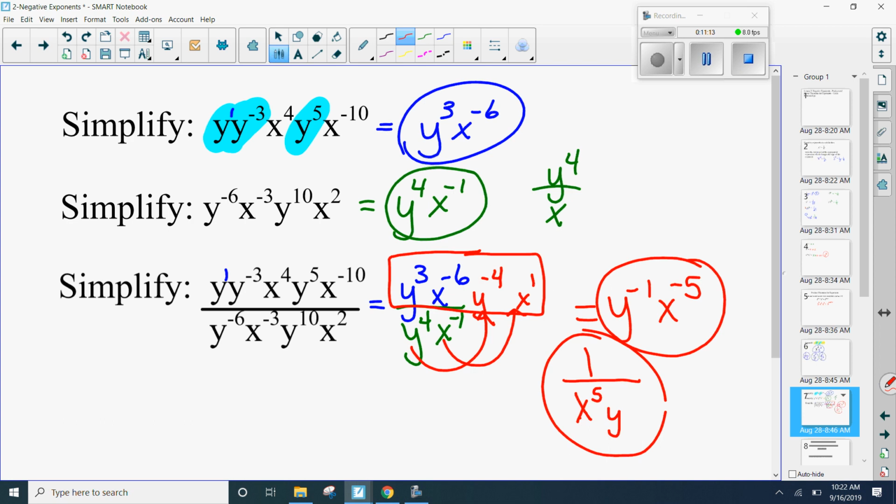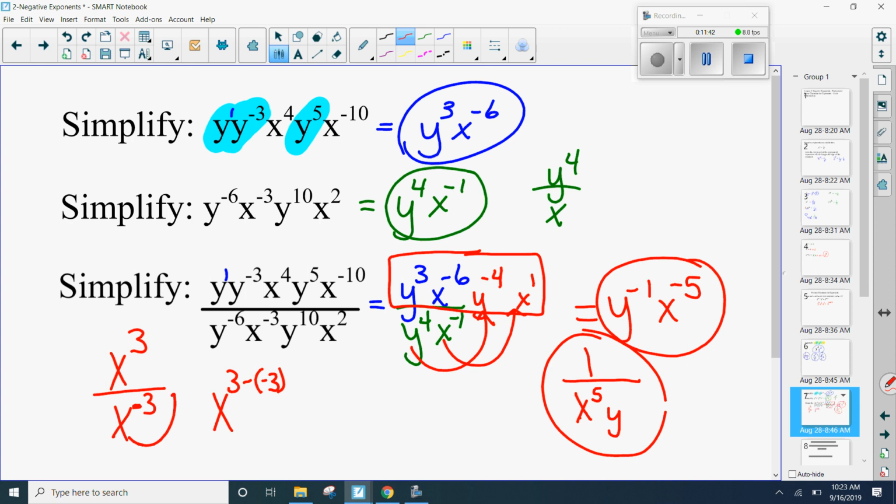Because the problem they run into is if sometimes you have x to the 3rd over x to the negative 3rd, is that x to the 0? No. And that's what sometimes happens is when you put a negative in there, they get signs mixed up. It is x to the numerator minus denominator of negative 3, which is going to make it x to the 6th.